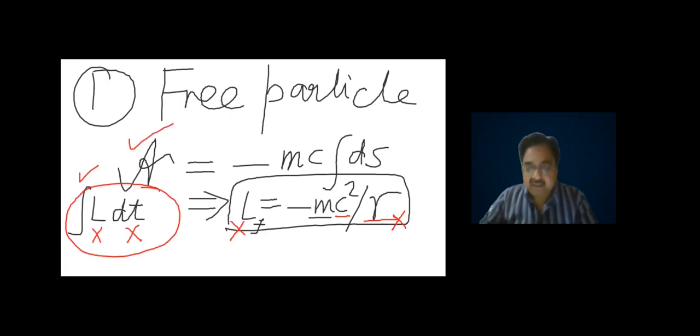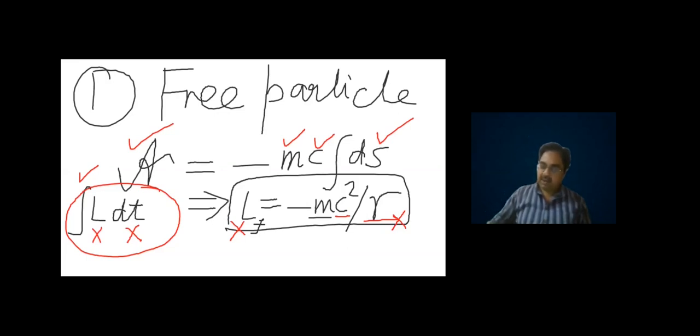So try to think in these kind of terms. Now in the expression on the right, m is a Lorentz scalar, c is a Lorentz scalar, and ds is a Lorentz scalar. So how do we write it now in manifestly covariant form?